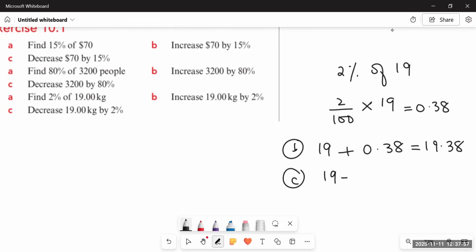We will subtract 0.38 from 19 and we will get the answer. That's 18.62. How easy it is. So whenever you have to increase by a percentage, you will find out that particular percentage and add it to the total. If you have to decrease it, you will subtract it.